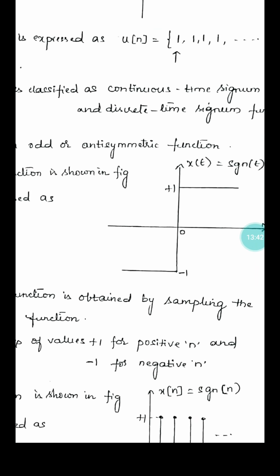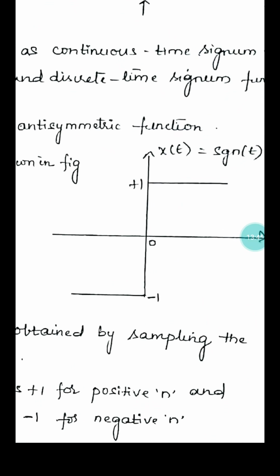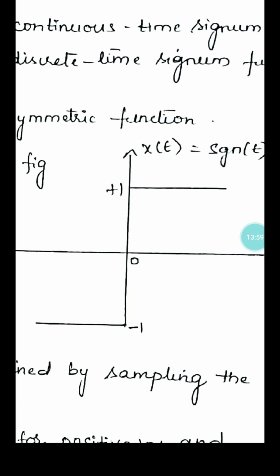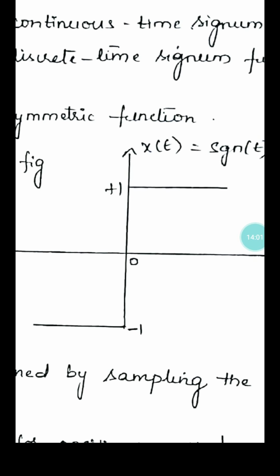First, you can concentrate on the graphical representation. I have told you many times, for every signal you have to concentrate on the graphical representation and the mathematical representation. This is the graphical representation for the continuous time Signum Function.